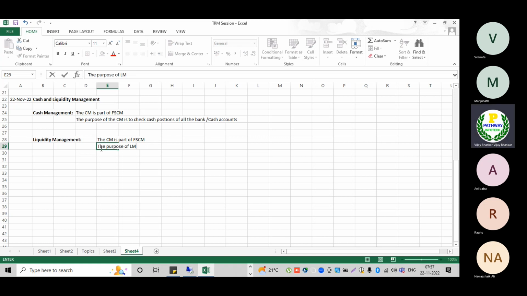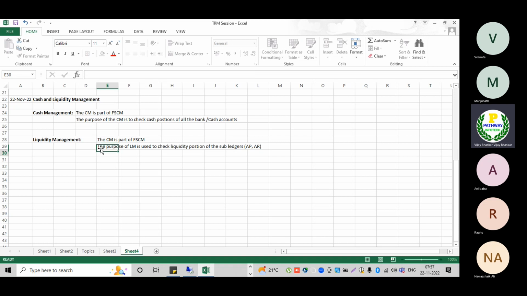The purpose of liquidity management is to check or verify the liquidity position of the subledgers, I'll mention here, accounts payable, accounts receivable.